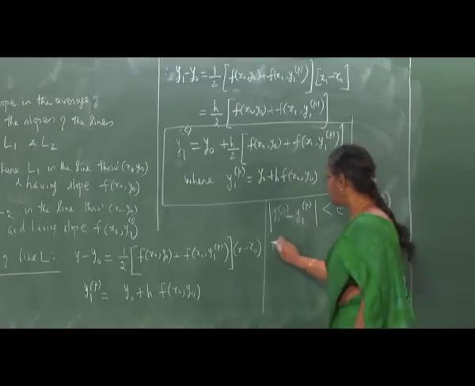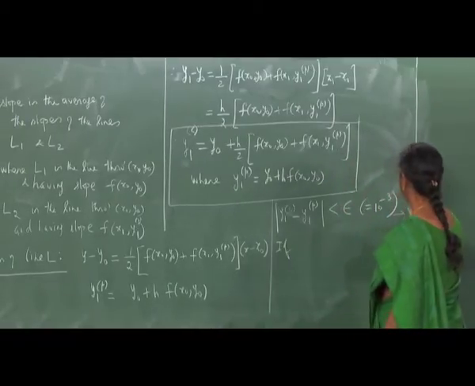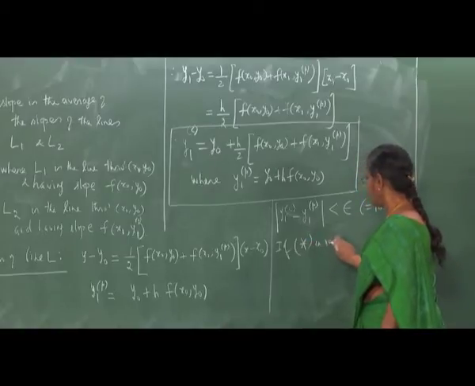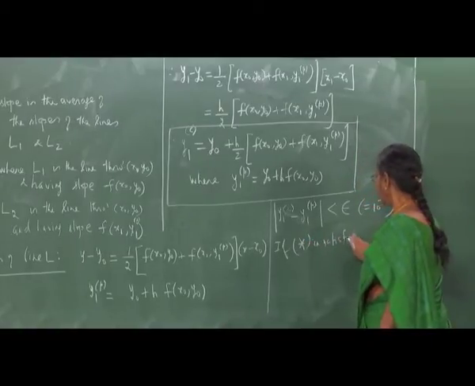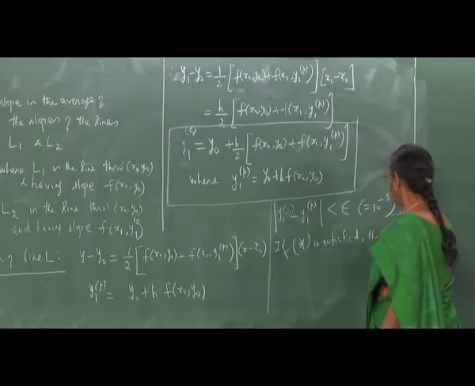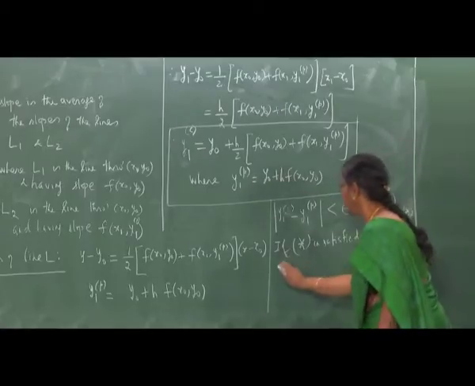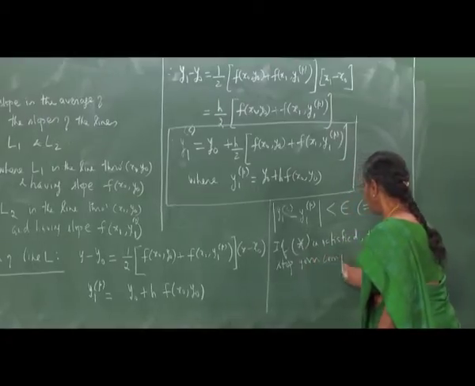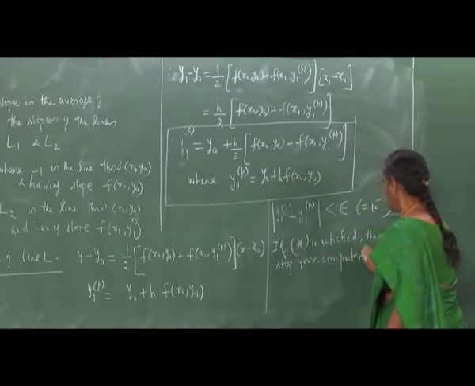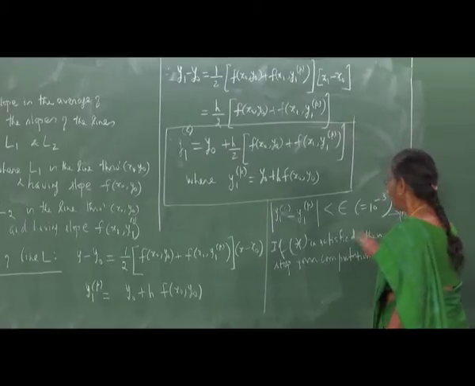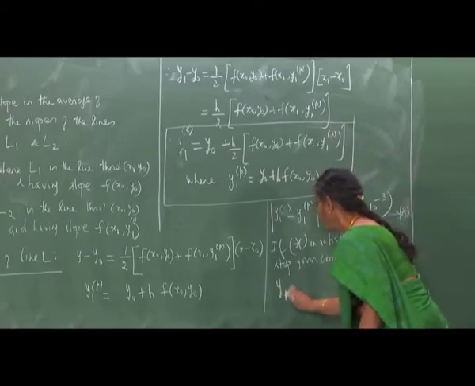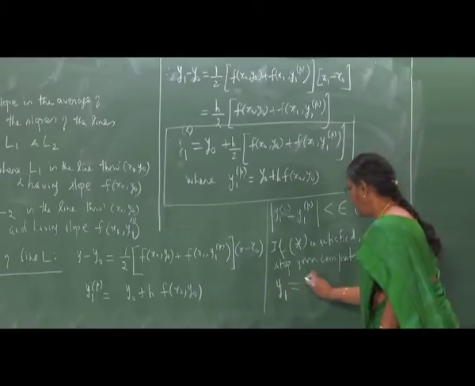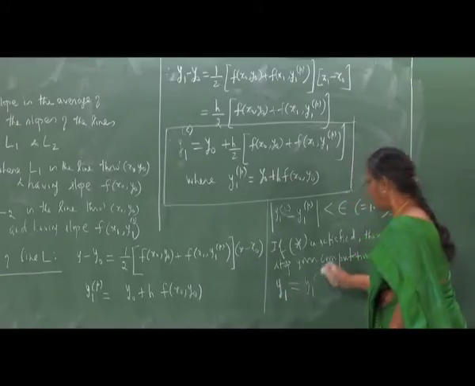If this happens, call this a star, if star is satisfied, then you can stop your computations, and you have the solution correct to the desired degree of accuracy, which is y1 is equal to y1 corrected.